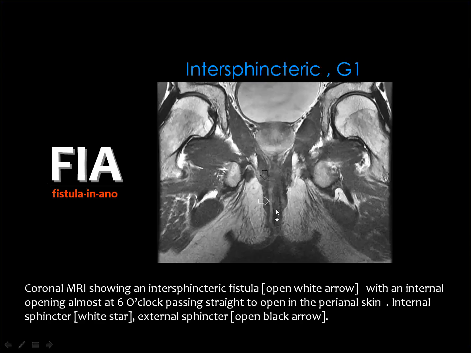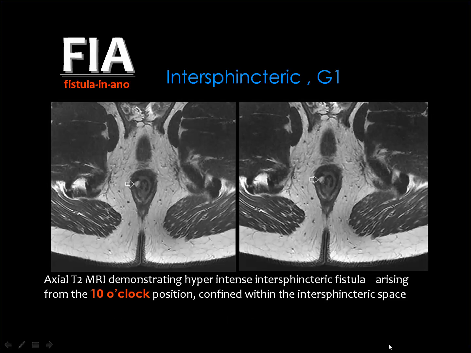And there is an internal opening at approximately the 6 o'clock position, and an external opening also in the same track. And this is the internal sphincter, and this is the external sphincter, and you consider this as an intersphincteric fistula.